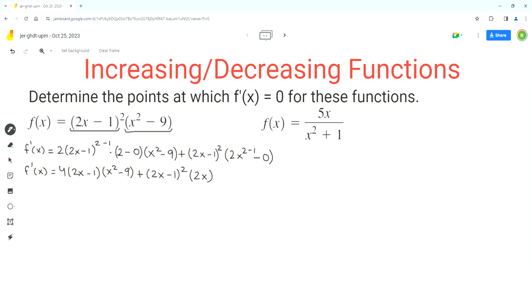Now we can set the derivative equal to 0. So we'll sub in 0 on the left side. And now we can simplify this equation by doing common factoring. So we can factor out a 2 and we can factor out 2x minus 1.